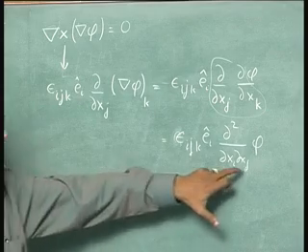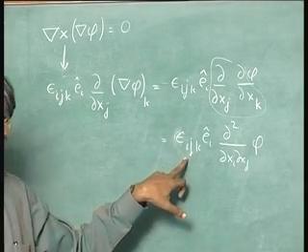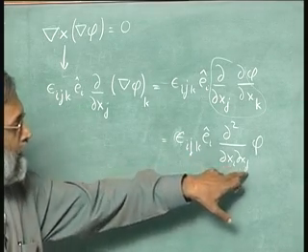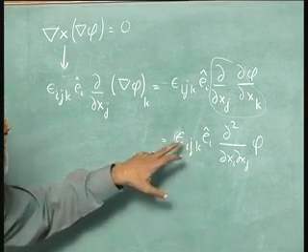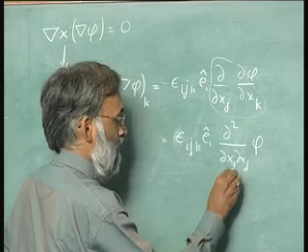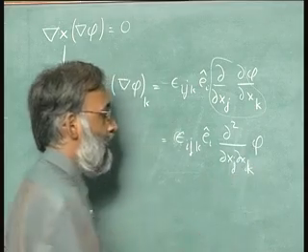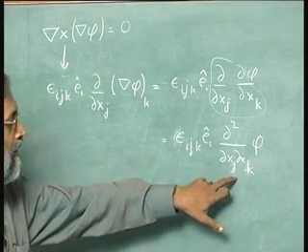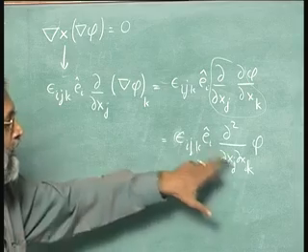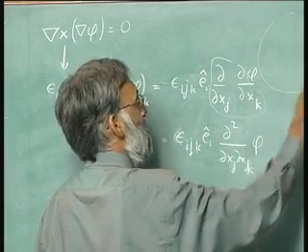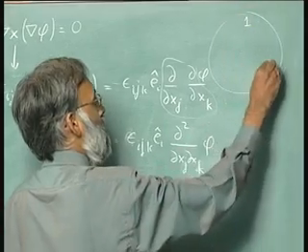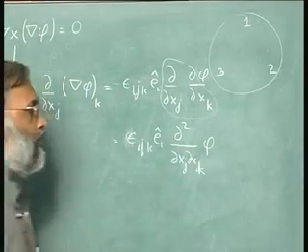Now, if j and k are equal, epsilon i j k is 0. If j and k are not equal, you can have i j k or i k j. That is, you can go through your 1, 2, 3 cycle.